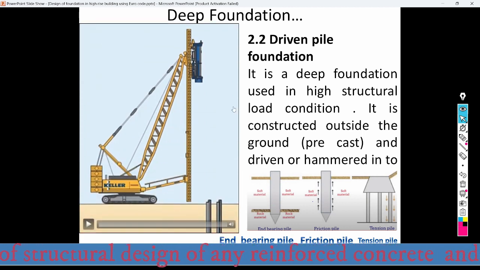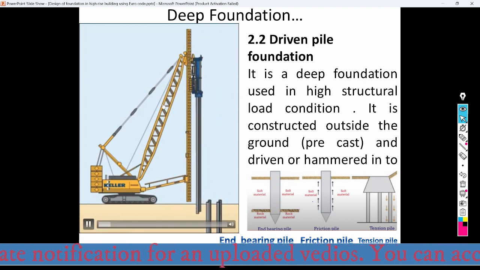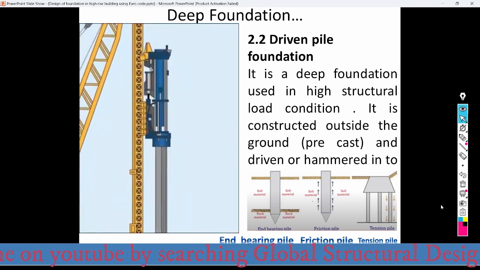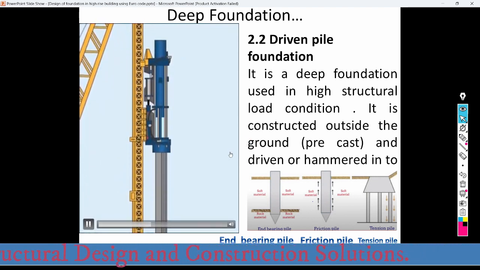And here we have a video just to show what driven pile means and how the work methodology will be applied during the execution of the driven pile. Just see the video. Here, this is the machine, and it hammers the precast piles into the ground. So here there is a hammering effect.